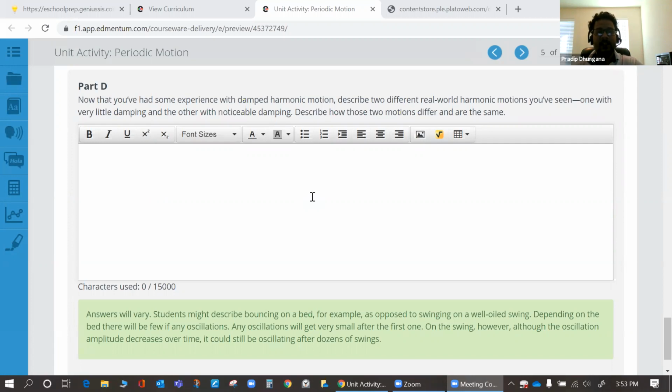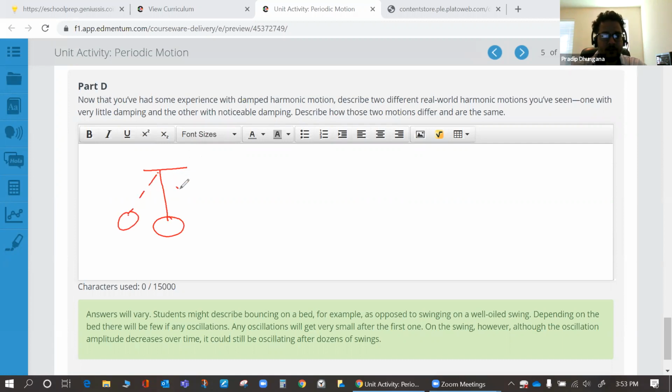And then little damping motion. Let me think about an example where we can see little damping. Think about a simple pendulum. Let me draw that diagram. If you hang an object from a fixed ceiling or something like that, and then apply a certain force, it swings back and forth like that.